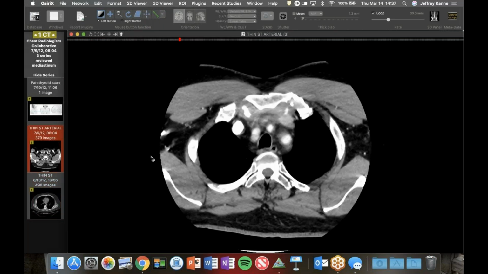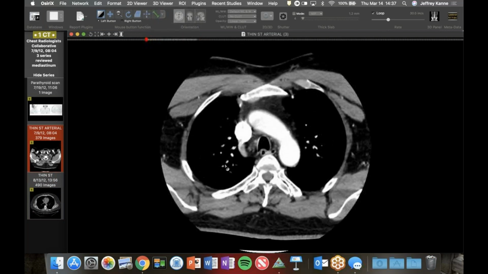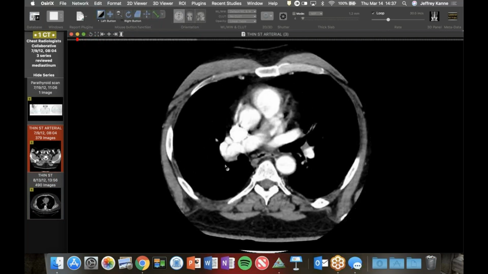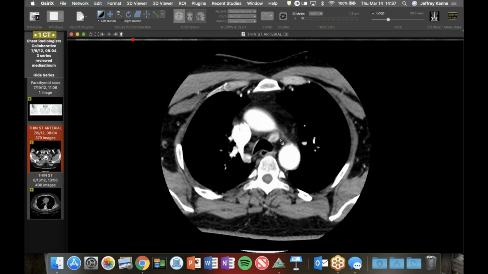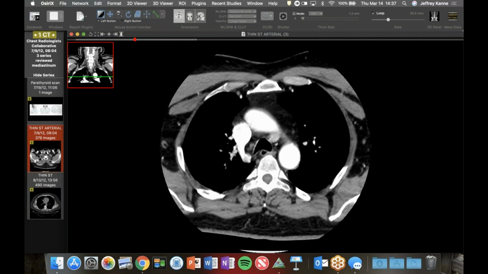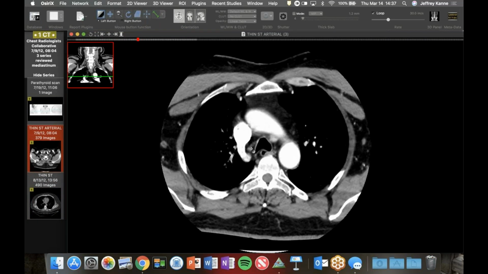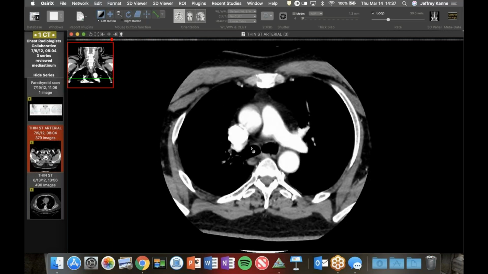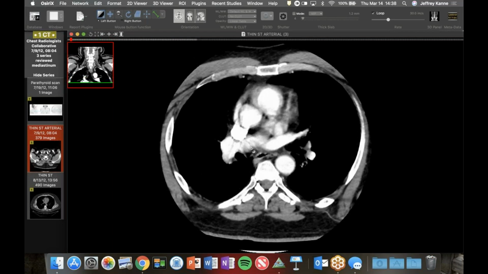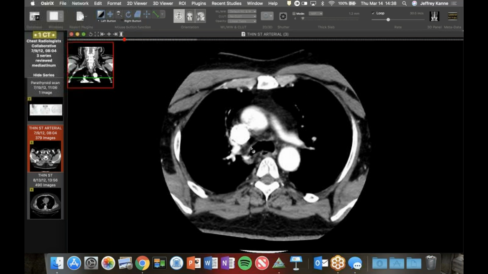But I do have a neck CT that was done shortly before that shows that this nodule avidly enhances. You still see that center portion not enhancing. If you look at the other lymph nodes, they don't enhance at all to that degree. So you might think this is a hypervascular lymph node, but definitely it's abnormal.